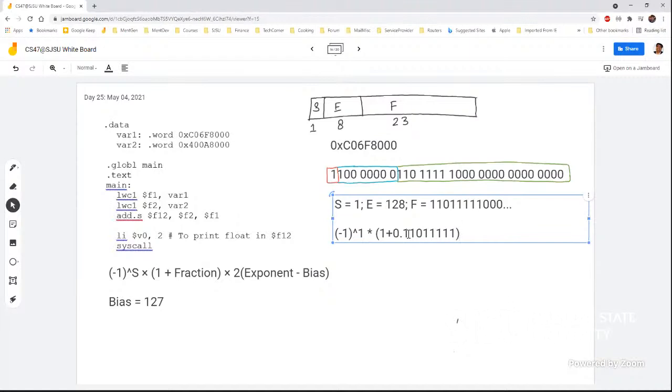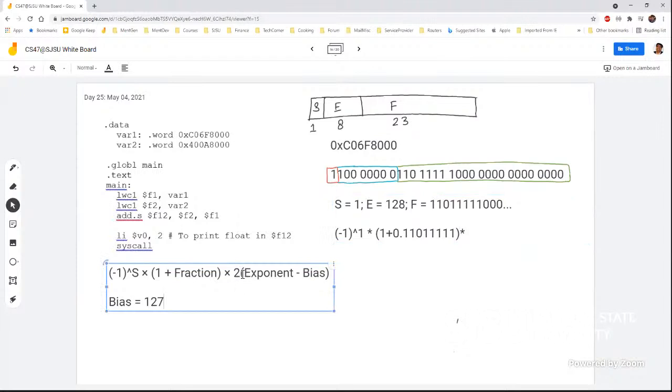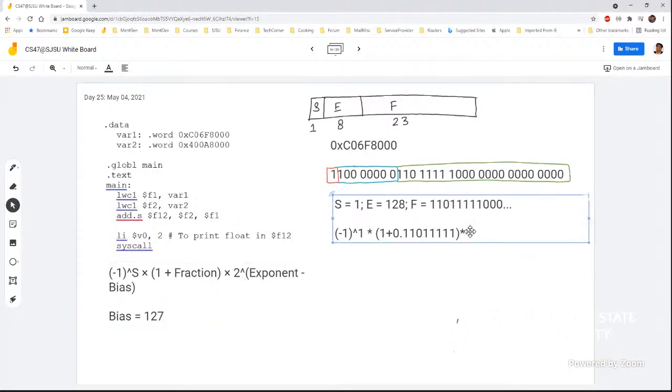Then multiplied by 2 to the power of exponent minus bias. Our exponent is 128, bias is 127.